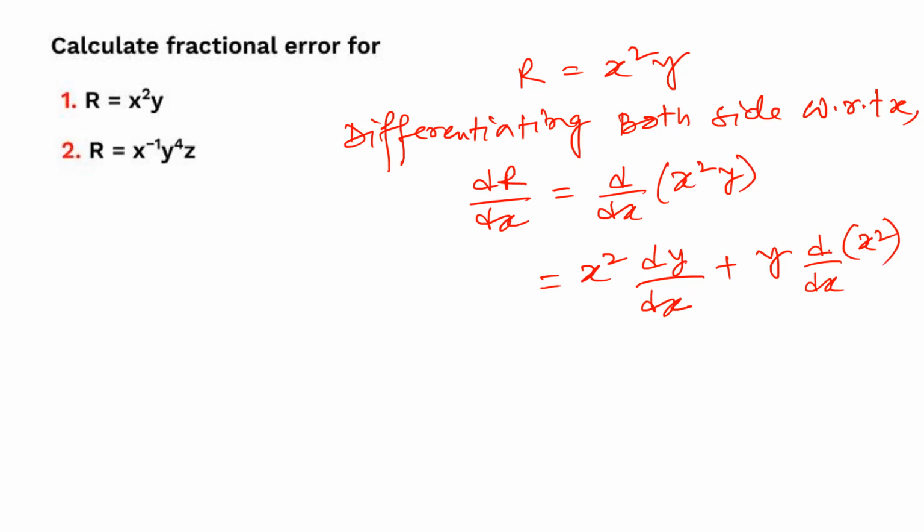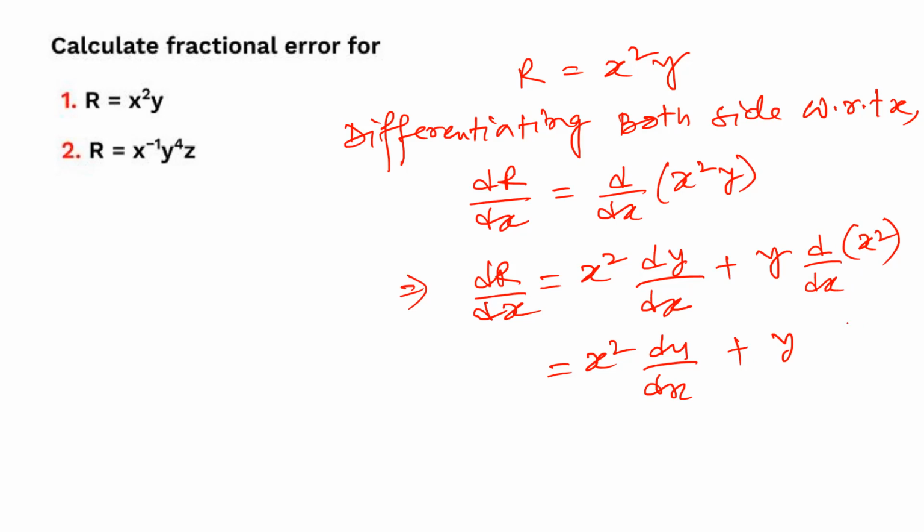This is the formula. Simple है, आसान है. Now in the left hand side I should continue that function dr/dx. Okay, now in the right hand side x square multiplied by dy/dx plus y into, what is the derivative of x square?